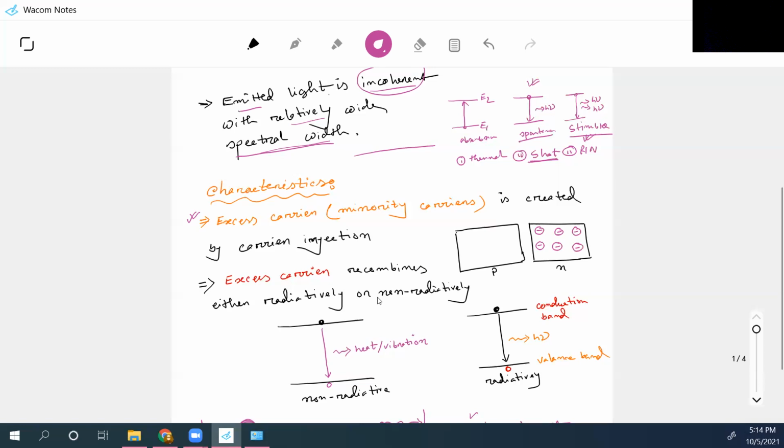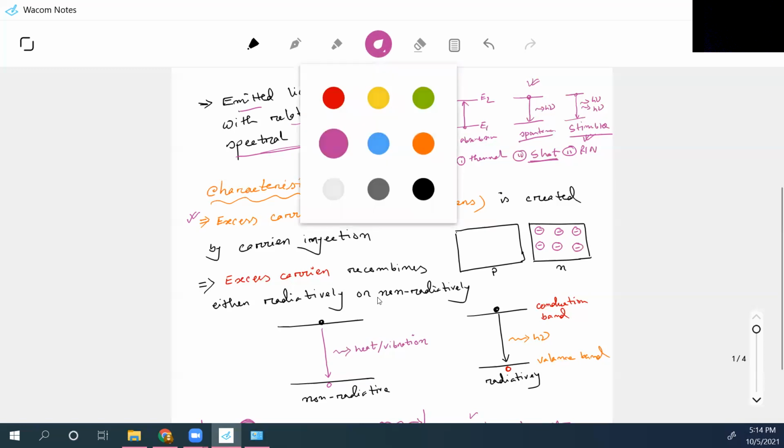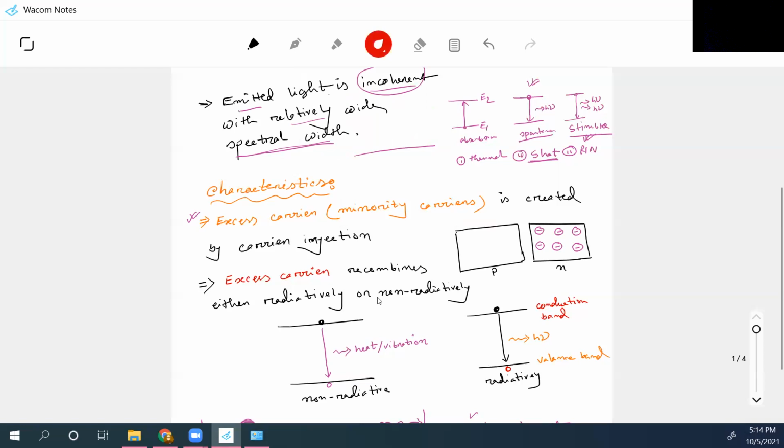What is the minority carrier in N? The minority carrier in N is holes. Oppositely, in P, the majority carriers are holes.